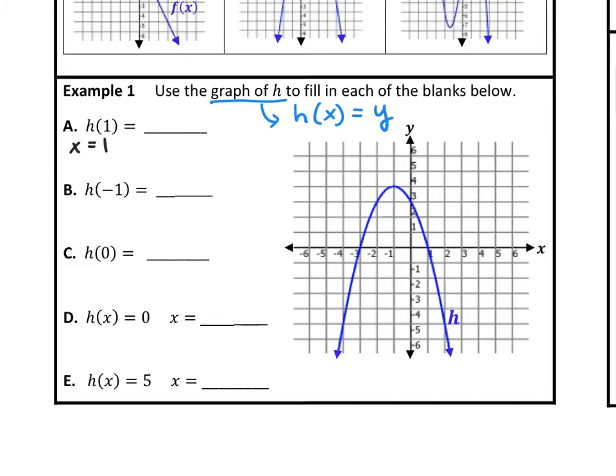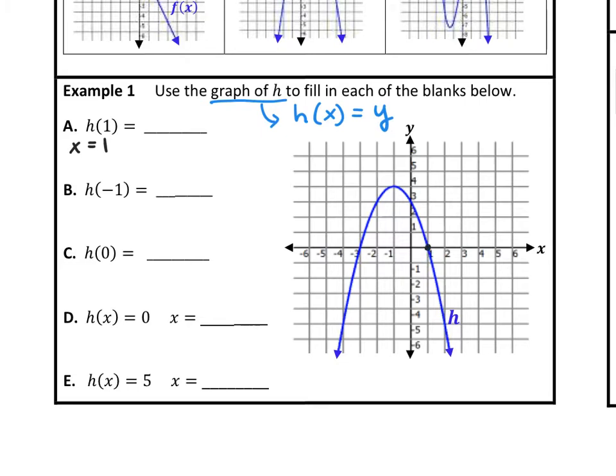So on the graph, when I go to x equals 1 on the x-axis, I'm right here. Well, where is it touching the graph? At this location. What is this location? It's (1, 0).